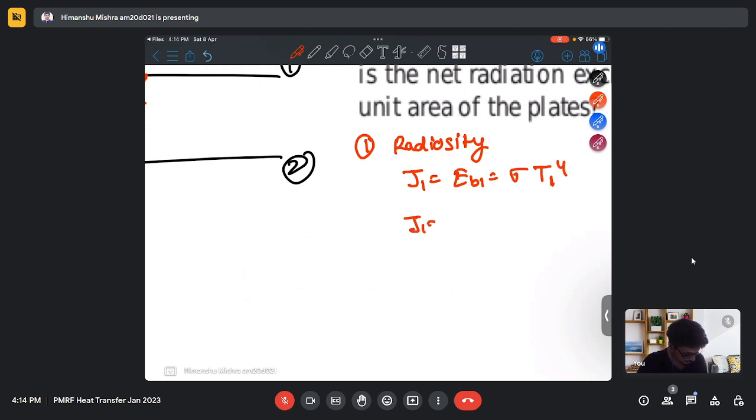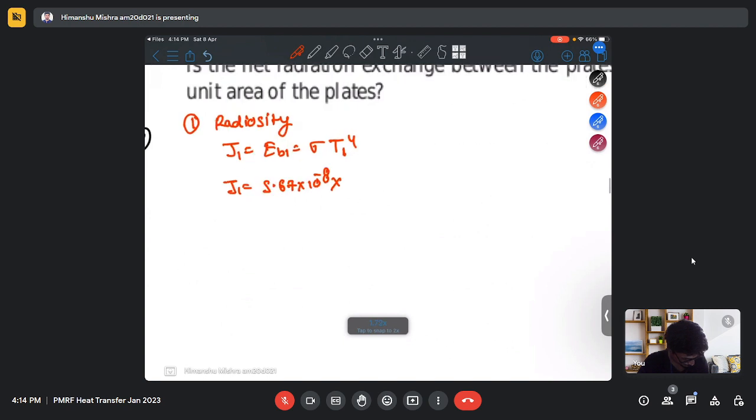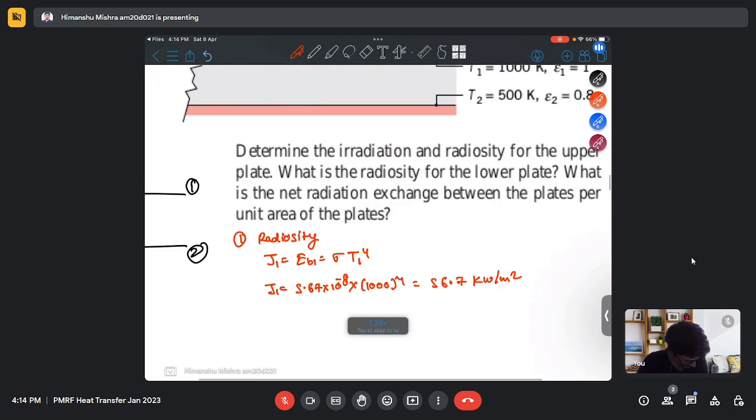So my radiosity at surface 1 will be around 56.7 kilowatt per meter square. Then we need to find the irradiation.